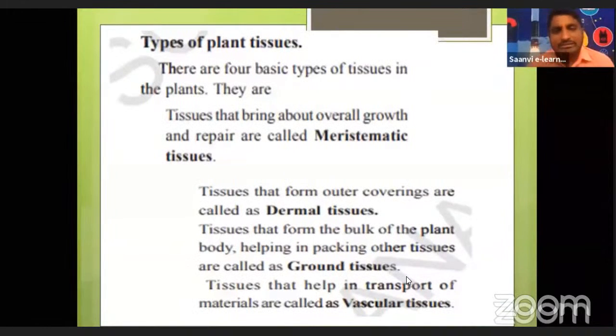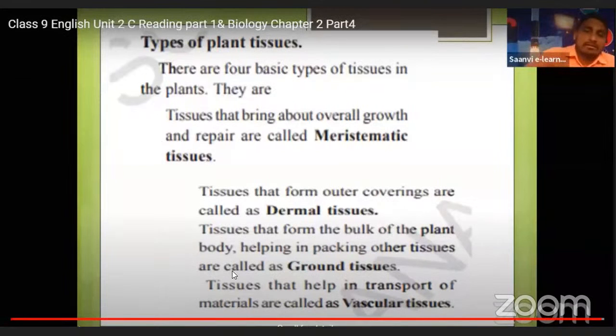What is the use of meristematic tissue, what is the function of meristematic tissue, and what is the function of dermal, ground and vascular tissues. Very important, children, so be careful and please have an idea about that and please read. In the next class we can discuss types of plant tissues deeply. I will show some interesting figures.